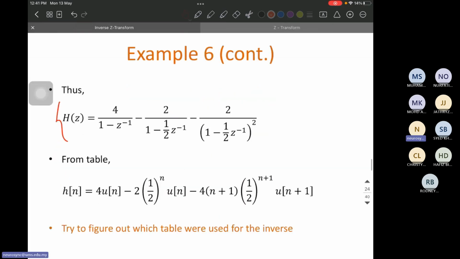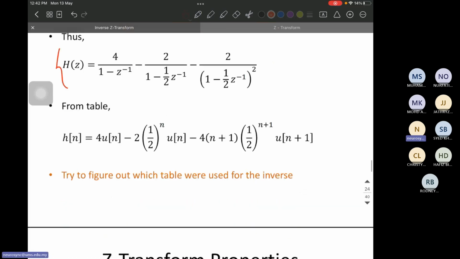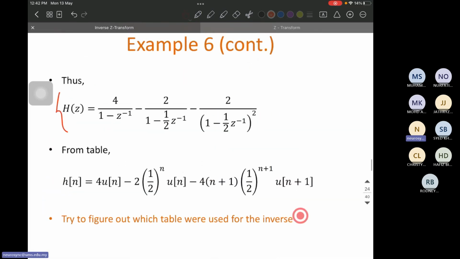So this is the inverse Z transformation of this: n plus 1, 1 by 2 to the power n plus 1, u of n plus 1. Okay. So like this, we need to find out the Z inverse.